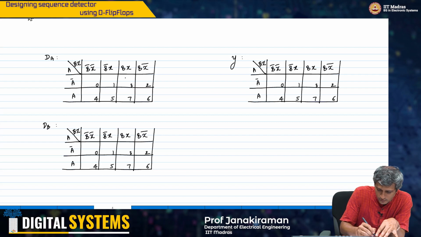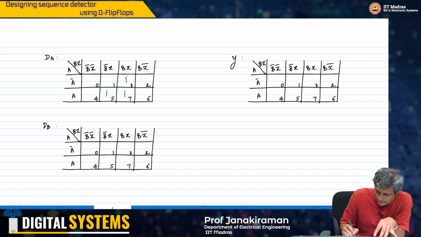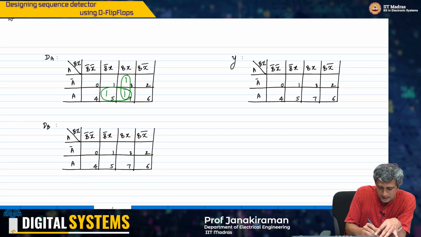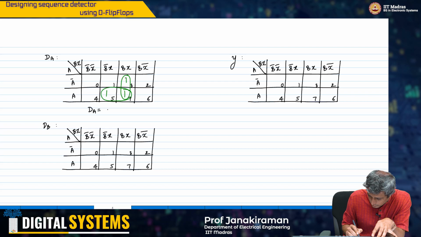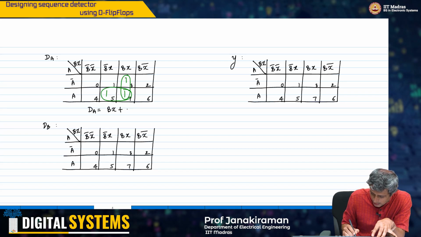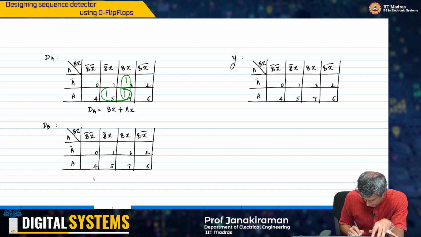So let me use a different color: 3, 5 and 7. So I can simplify like this, right? And DA therefore will be equal to BX plus AX.